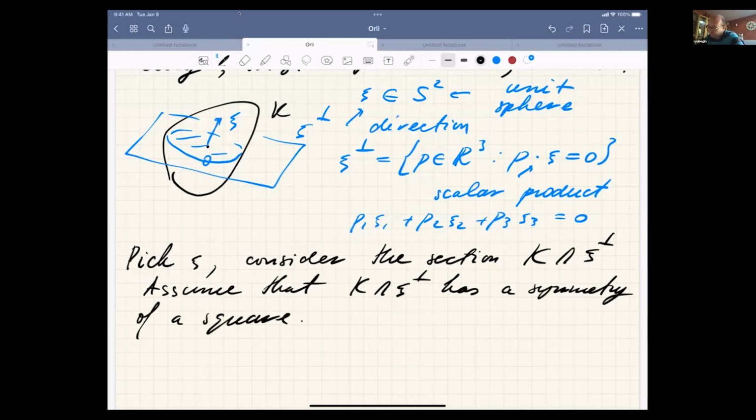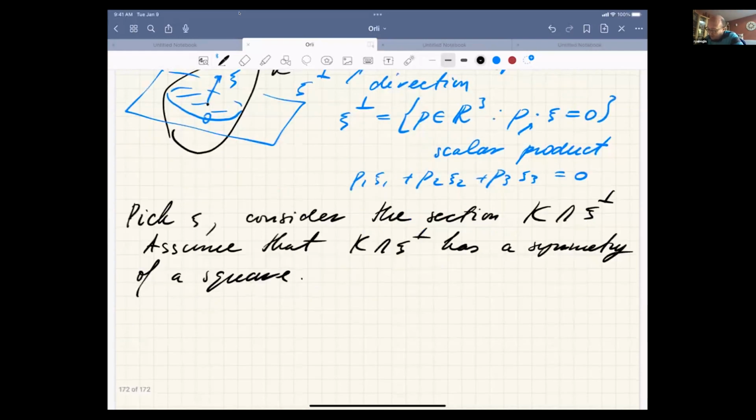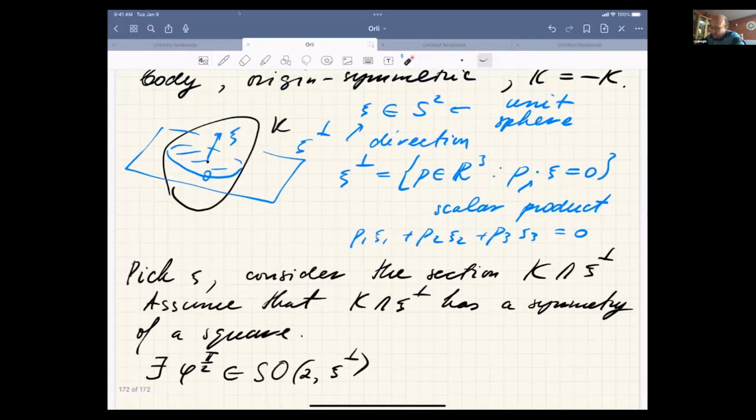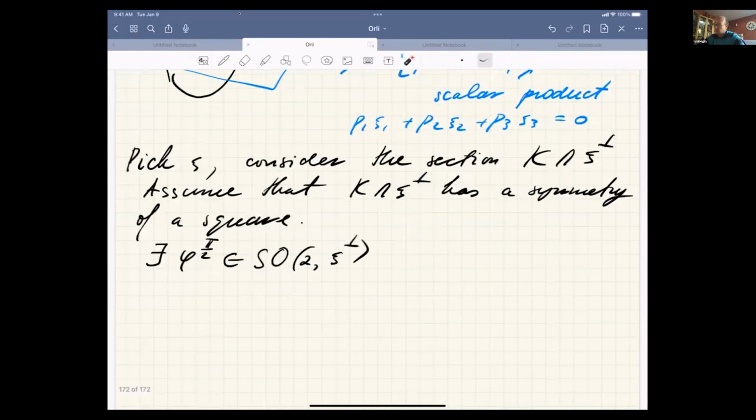What does it mean? It means that there exists a rotation by the angle pi over 2, in SO2 of psi perp. By this, I mean that I'm located in this subspace psi perp, in the plane, and I rotate my section by pi over 2 angle here, in the plane.